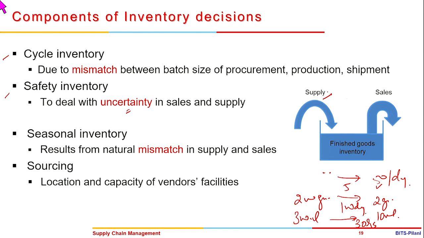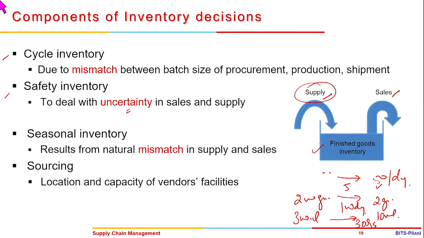There can be uncertainty in supply and there can be uncertainty in sales. If there is uncertainty in the supply and you do not have inventory, then your sales are going to suffer. To see that my sales do not suffer because of uncertainty in the supply, we keep inventory.